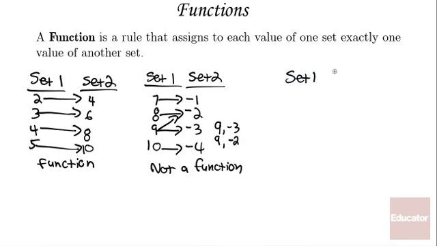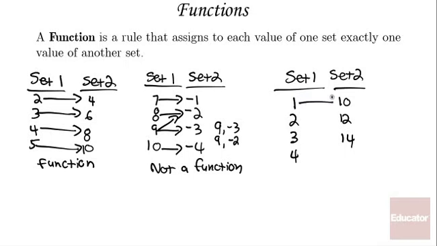However, here's one more case. In my first set, perhaps I have 1, 2, 3, 4, and then I have 10, 12, 14. And 1 is said to correspond with 10, 2 corresponds with 12, 3 corresponds with 12, 4 corresponds with 14.